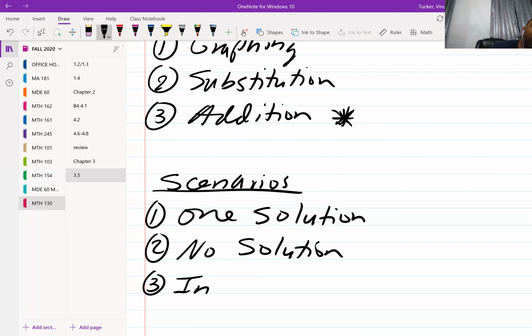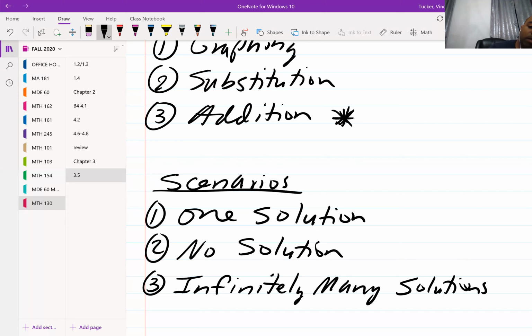And then it's possible to have infinitely many solutions. Also, when you say one solution, you are expected to give the solution. You wouldn't just write "one solution"; you want to write the answer, whatever that solution is.